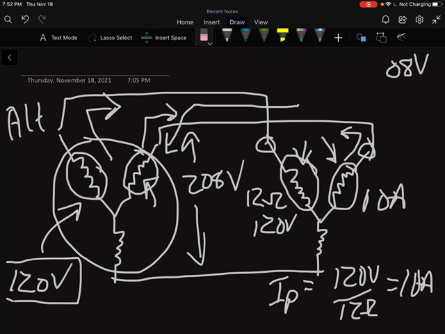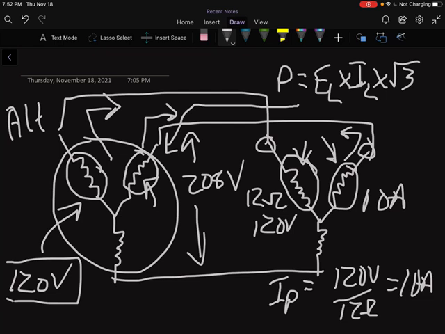So if we were to calculate that out using, let's do line values at this point. Power is equal to E line times I line times root 3.